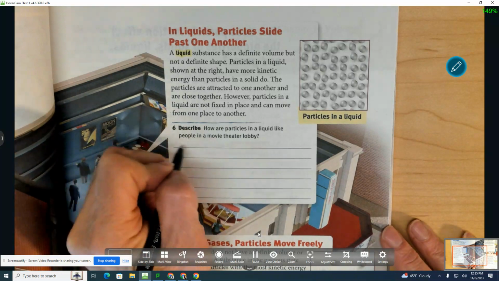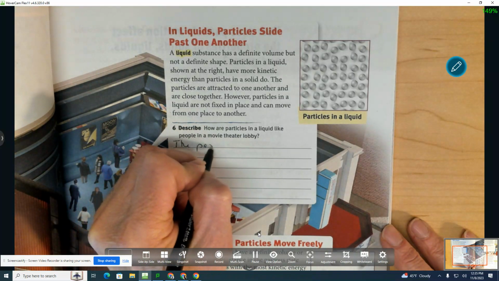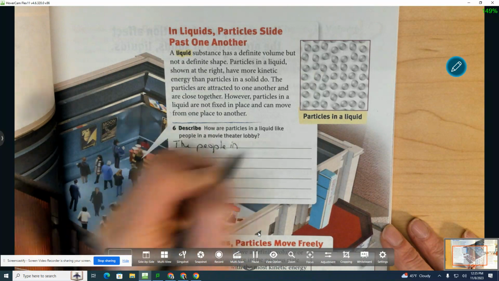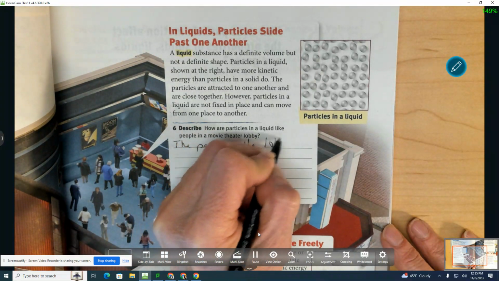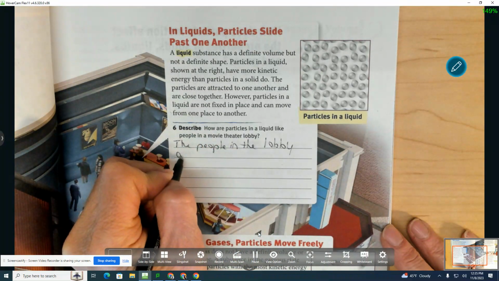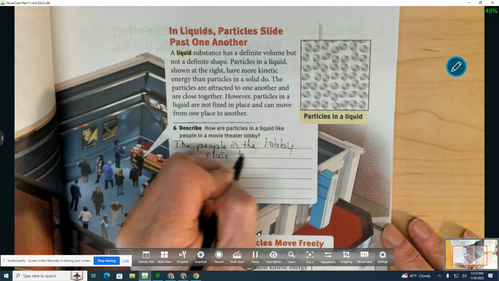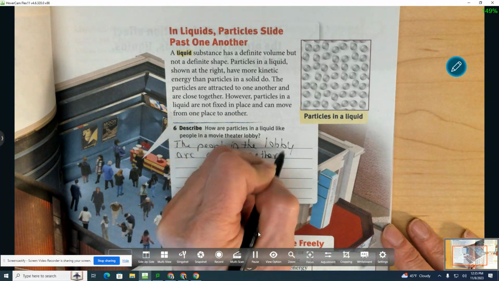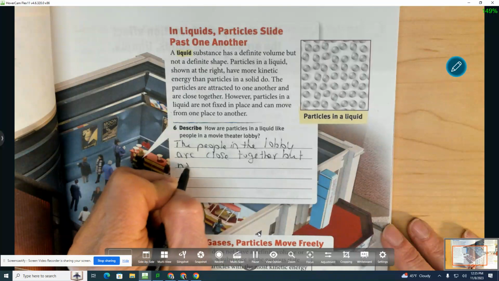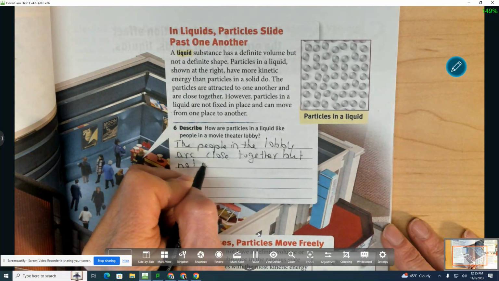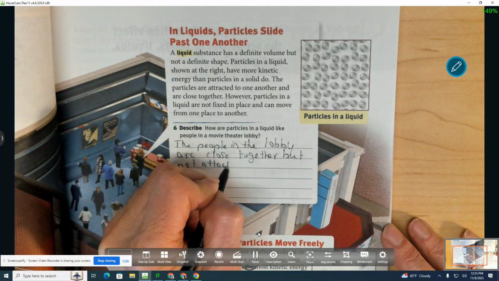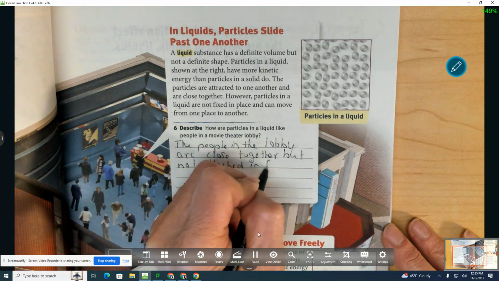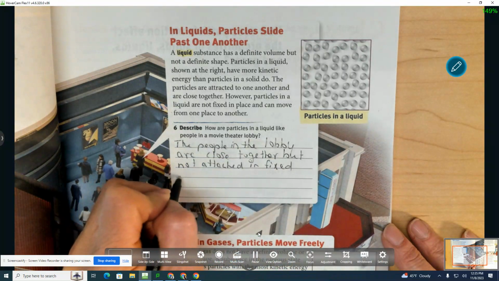So we're going to say that the people in the lobby are close together, but not attached in fixed positions.